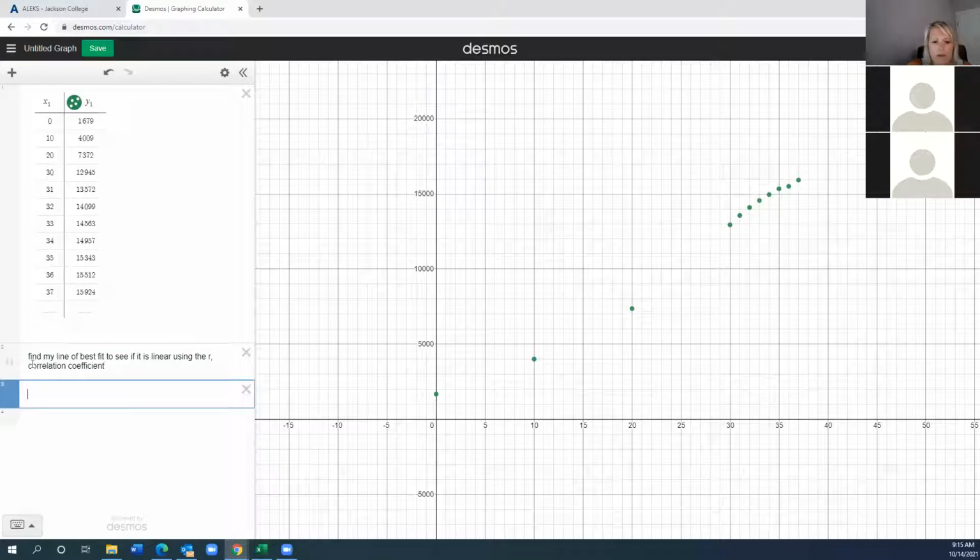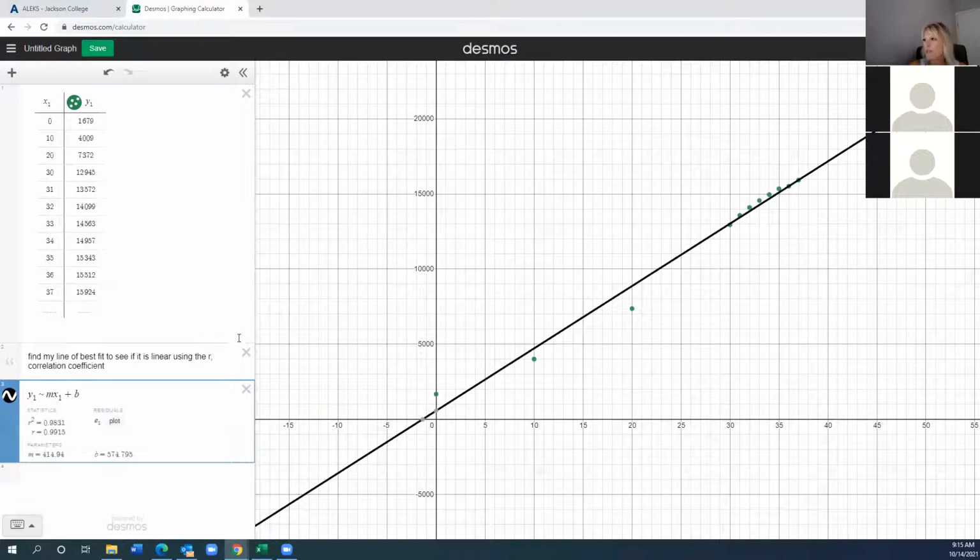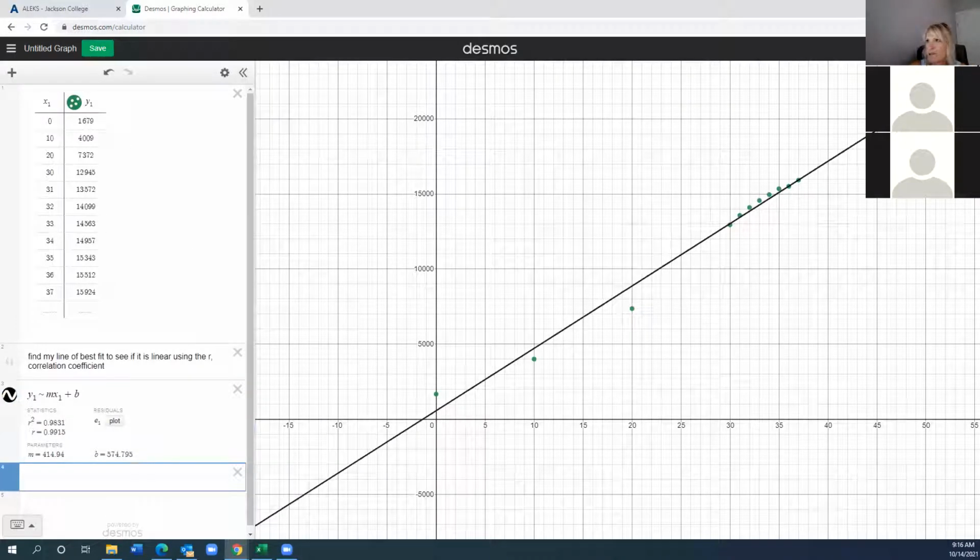Okay, so y1 tilde mx1 plus b gets us the line of best fit.